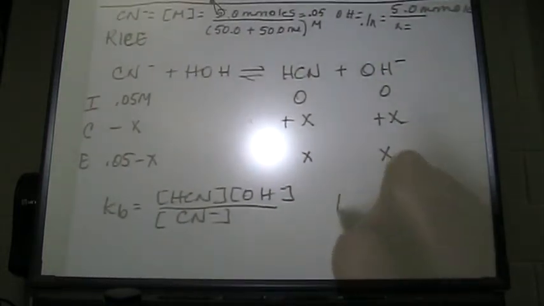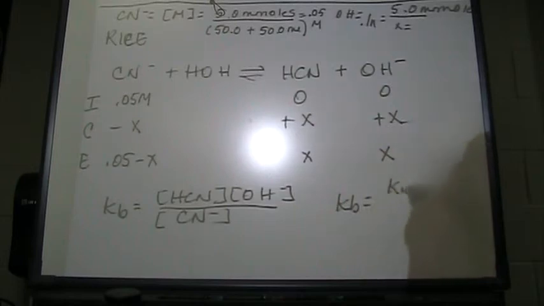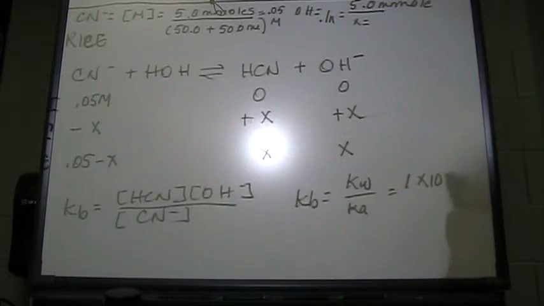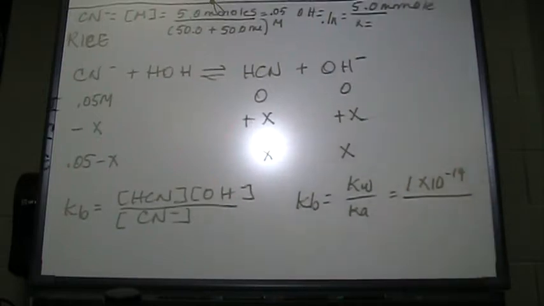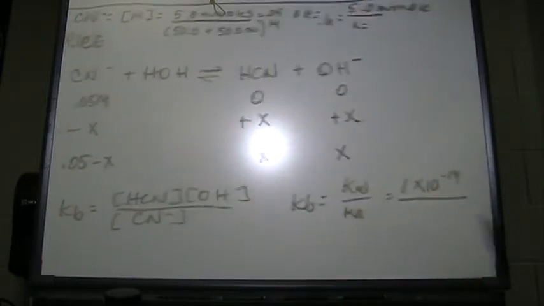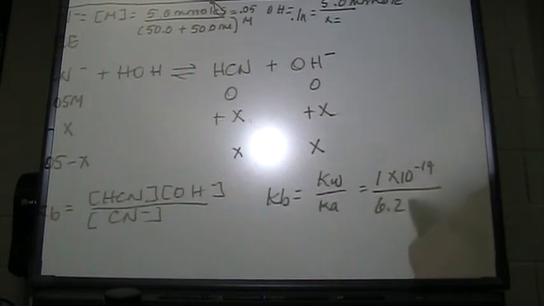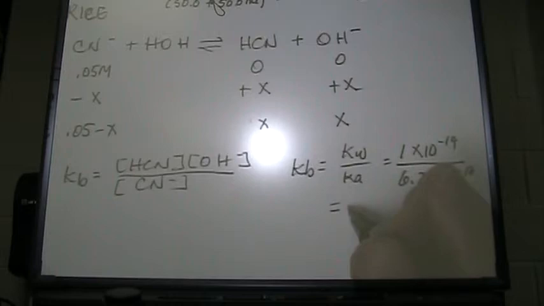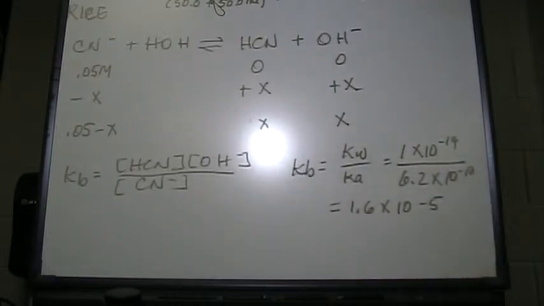That doesn't deter you because you can simply do this: Kb equals Kw over Ka. Ka I believe is 6.2 times 10 to the negative 10. You're correct. And so Kb is going to be 1.61 times 10 to the negative 5.